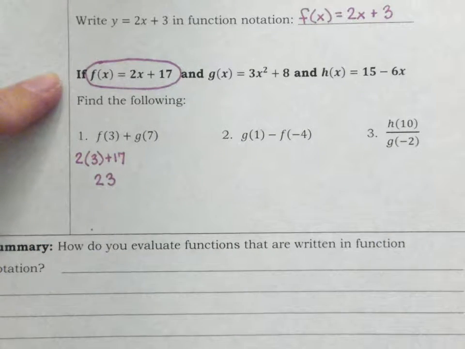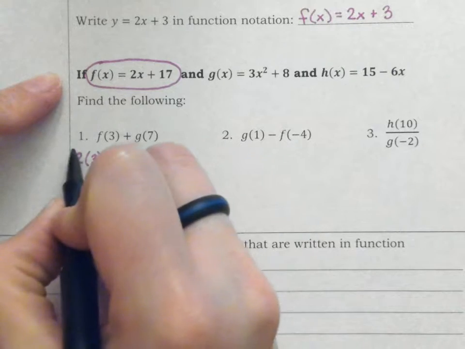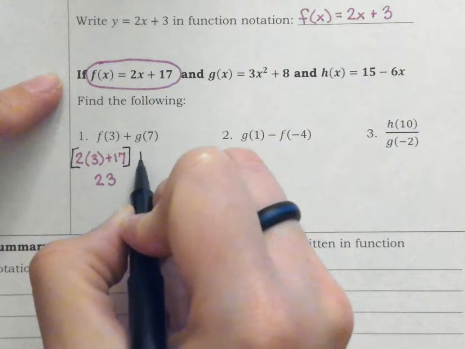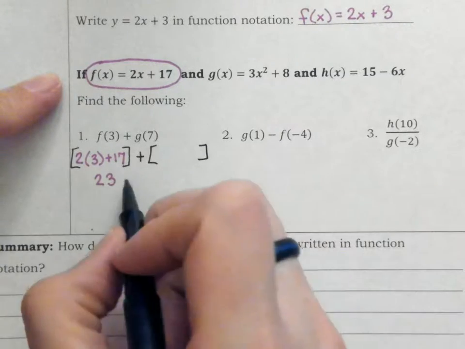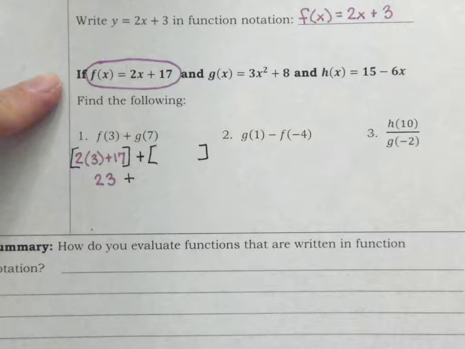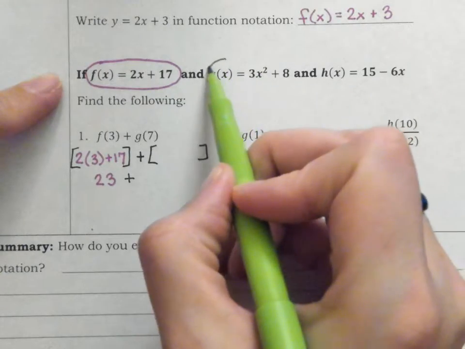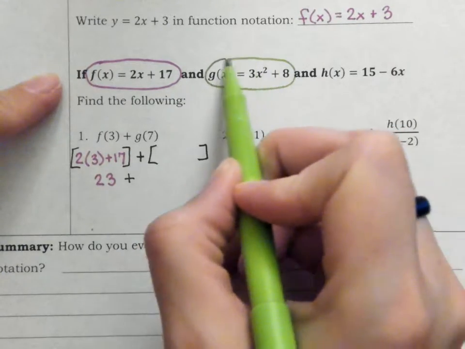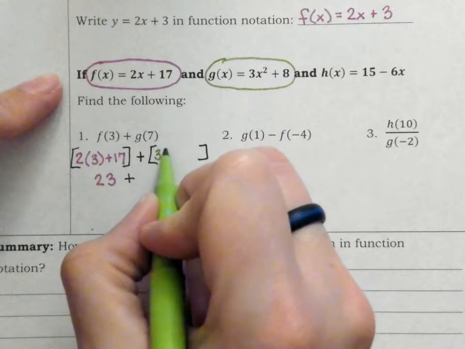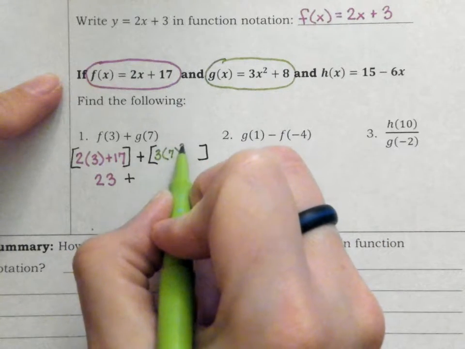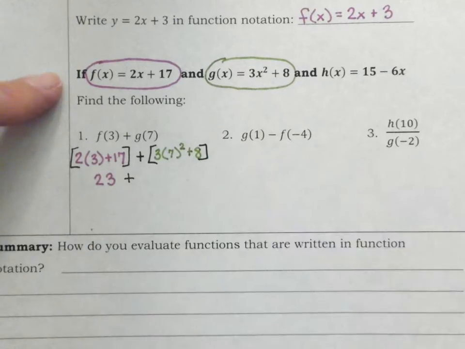And then we're going to add, so this whole thing gets added to g of 7. So plus, and g of 7 means I'm going to use this equation. And I'm going to plug 7 in for x, so it should say 3 times 7 squared plus 8.